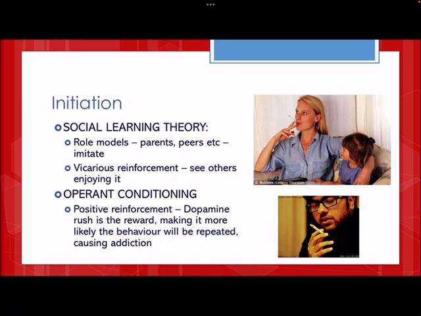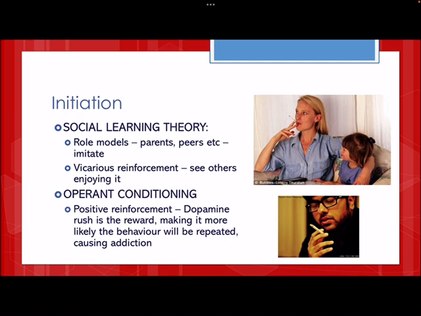The first stage we have to look at is initiation, how an addiction begins. In terms of learning theory for smoking, social learning theory is a really good explanation for this. As you know, in social learning theory we talk about observing other people, and depending on the consequences of their actions, we would copy them or not, depending on if it was a positive consequence.